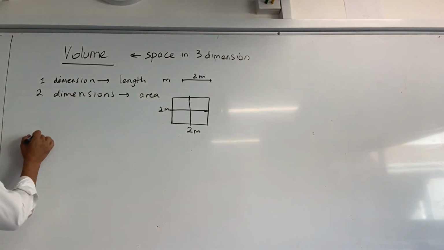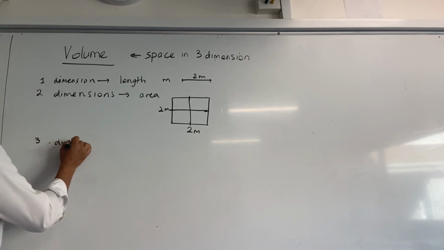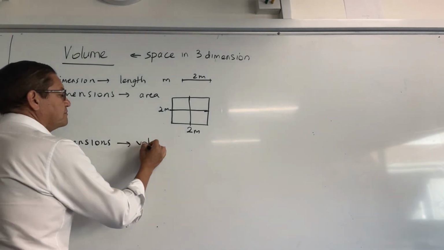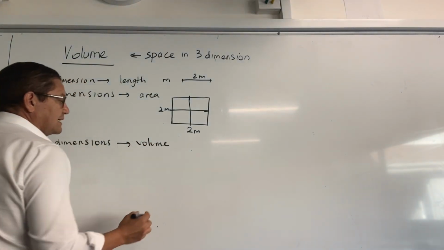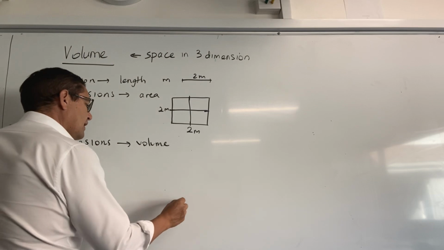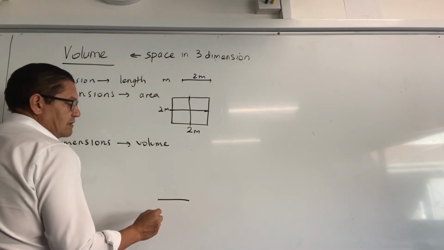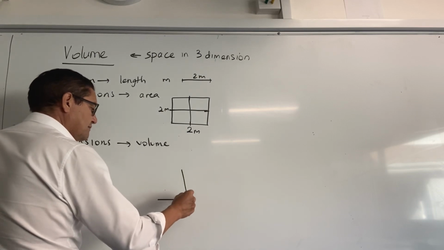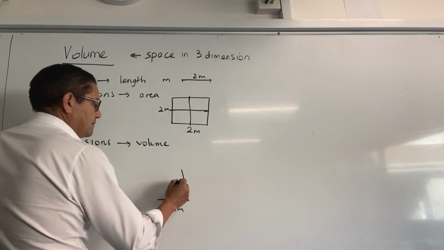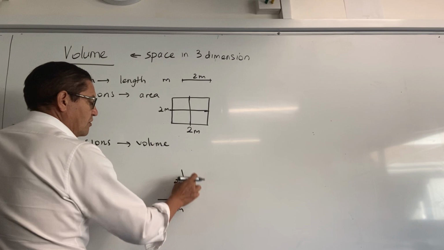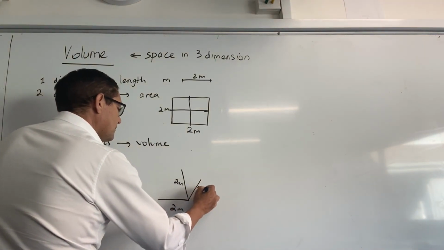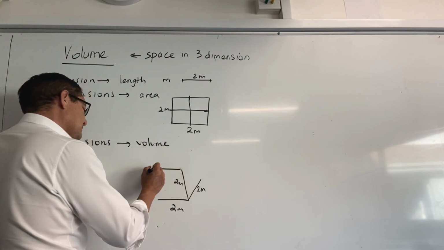Now if I have 3 dimensions, now that is volume. And what that does is now I have width, I have height, length, height, and also width. So let's go and do this.